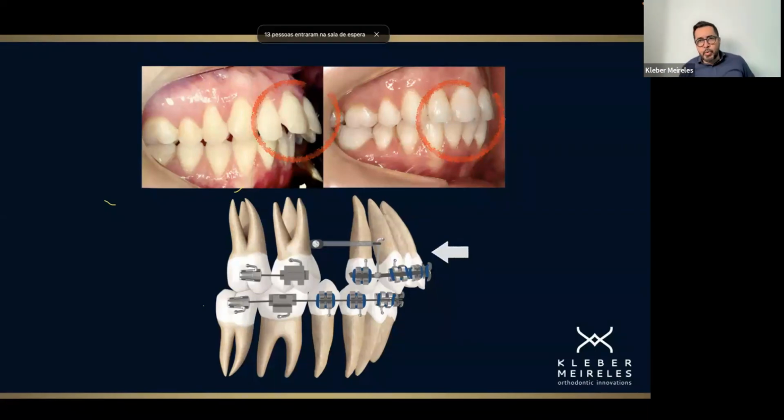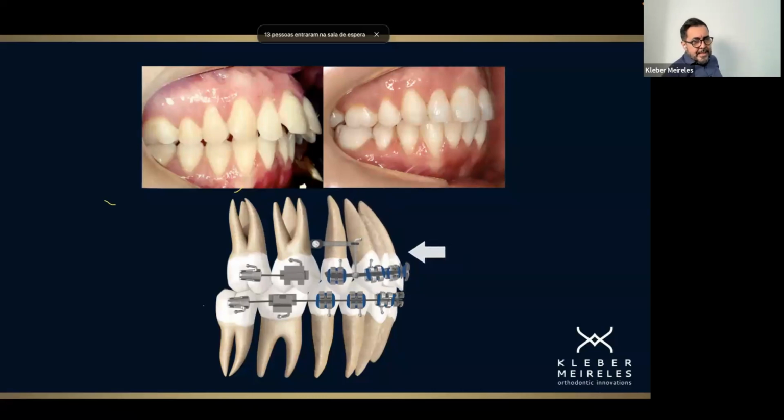So let's go to the example. If I'm doing this, I'm applying the distal force to retract anterior teeth. I know that when I have a rigid ligation of anterior teeth from canine to canine, the center of resistance of those anterior teeth is approximately 8 millimeters high in relation to the center of the crowns. So if I'm applying this, I will insert my mini implant.